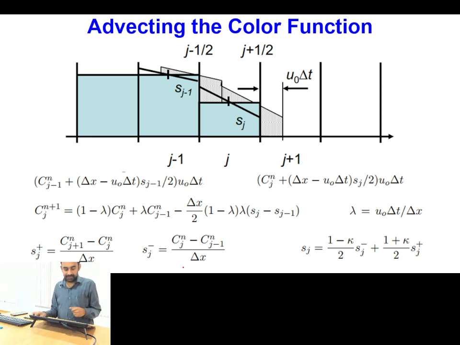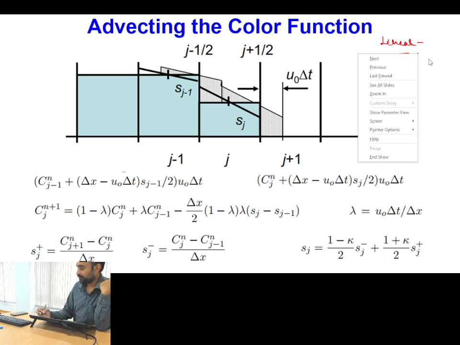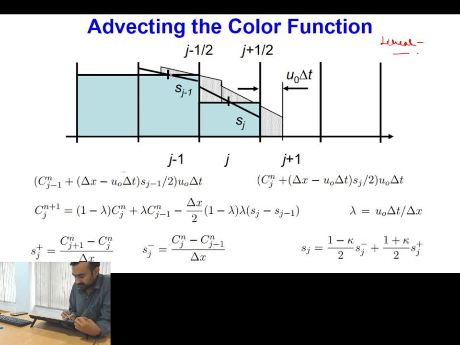In terms of improving the scheme, instead of considering the piecewise scheme, we are now considering the linear upwind differencing scheme. In the linear upwind differencing scheme, within each computational cell we define some slope.